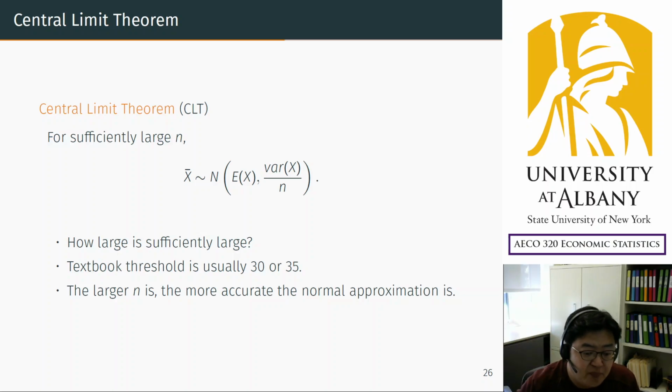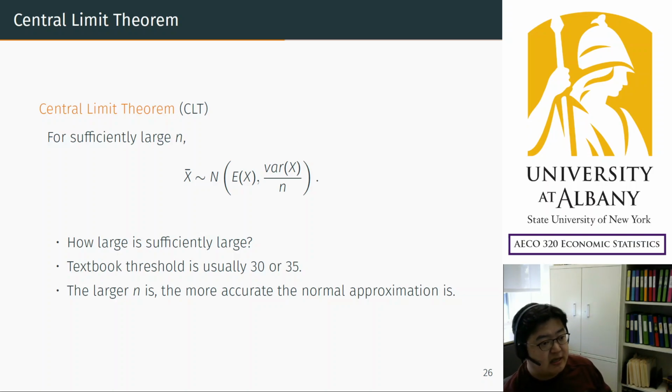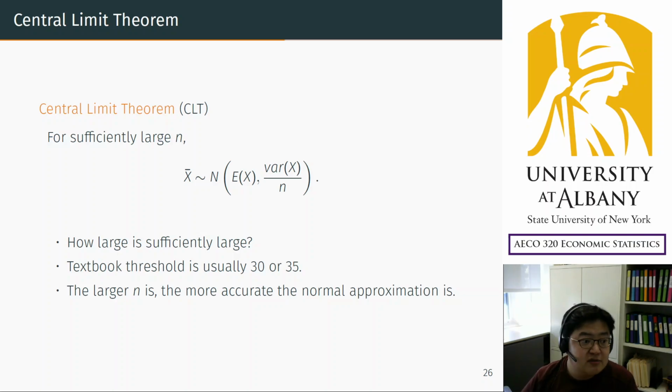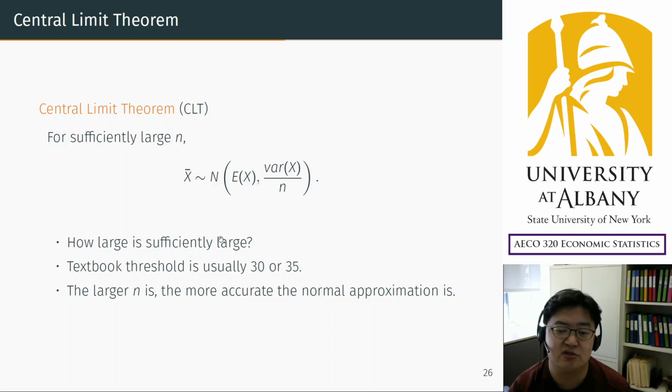Or these days, think about the annual income data. I don't know how many. In my course example, there were several thousand observations. In serious research, it could be a million, right? So then usually this is not a big problem. Of course, still the more the better. The larger the sample size is, the more accurate the normal distribution approximation is. So the distribution becomes closer to normal distribution.